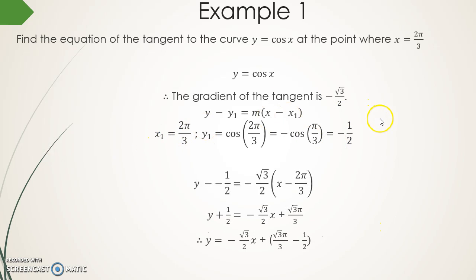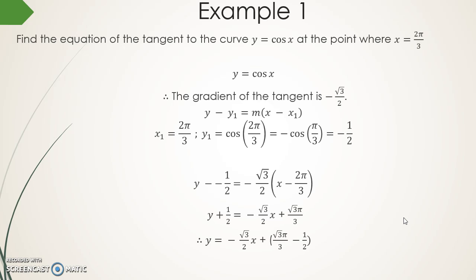So we just substitute it into our equation. So y minus negative a half equals our gradient, negative root 3 over 2, brackets x minus 2 pi over 3. Simplify that down, and we can come out with our equation of the tangent to the curve y equals cos x at that particular point.